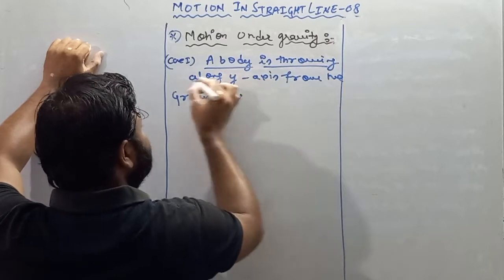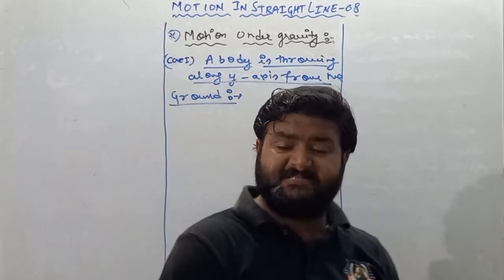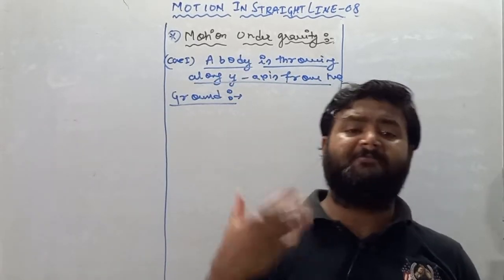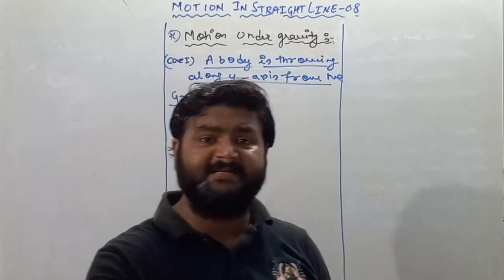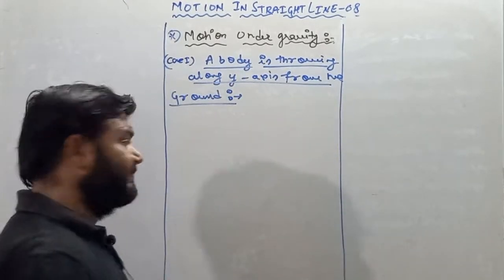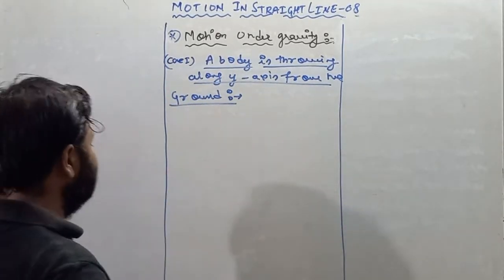My dear students, this topic is very important, a very sensitive topic, because this topic connects you to the next chapter, that is projectile motion, or we can say motion in a plane. So try to understand each and every concept which I'll explain in this video.